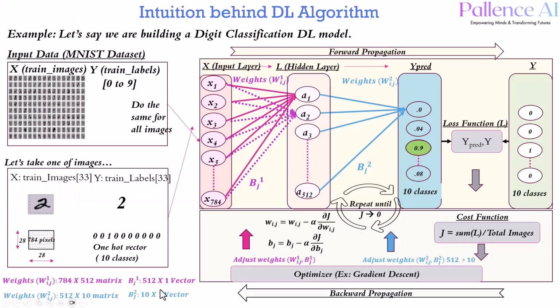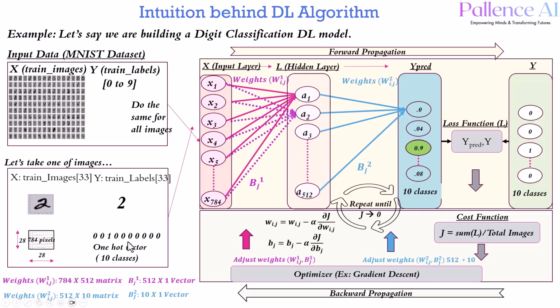If we go back here, remember, when we were doing the pre-processing for a data set, you look at the y-train labels, for image 2, the label was just the integer 2. But instead, I explained this intuition by converting this label 2 into a one-hot vector of 10 classes.